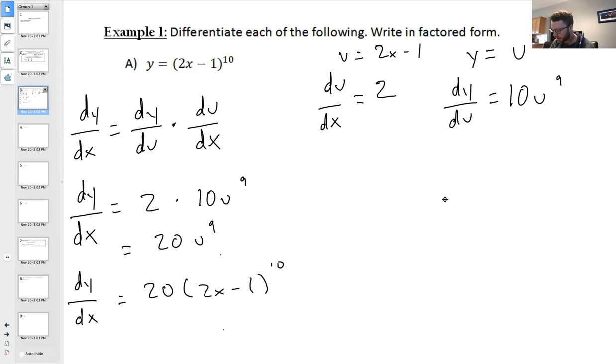At this point, this is as fully simplified as we get. So now we can rewrite this as y prime, which is the same thing as saying the derivative of y with respect to x. Y prime is equal to 20 multiplied by 2x minus 1 to the 9. Sorry, there should be a 9 here.